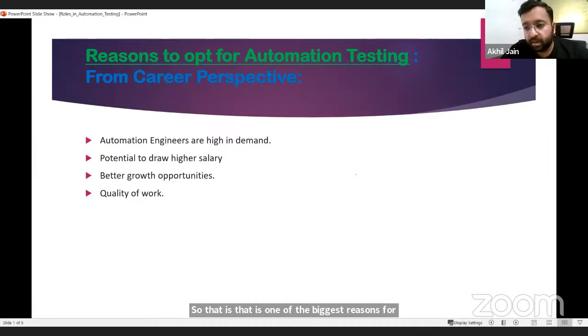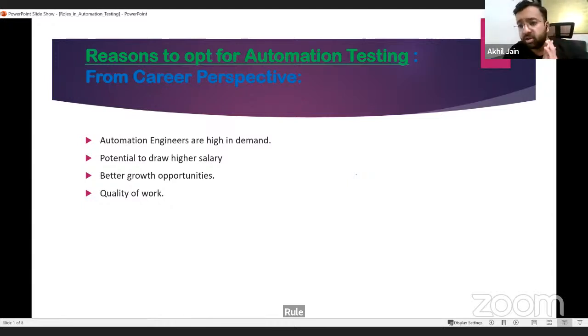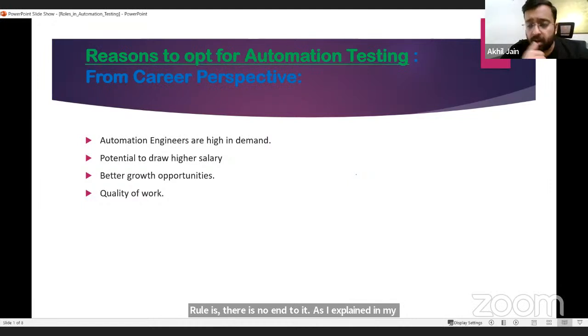Third, the opportunities you get with respect to your own growth, and the learnings you get as part of working in this role, are immense. There is no end to it. As I explained in my earlier session, there is no end to what kind of testing you could pick. UI testing, UI automation testing.